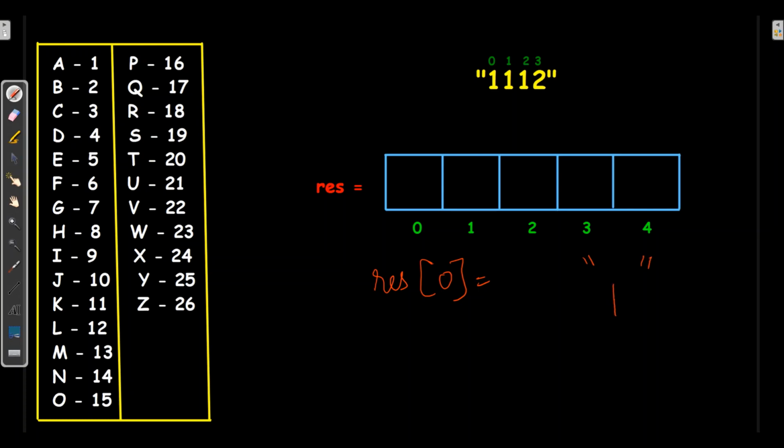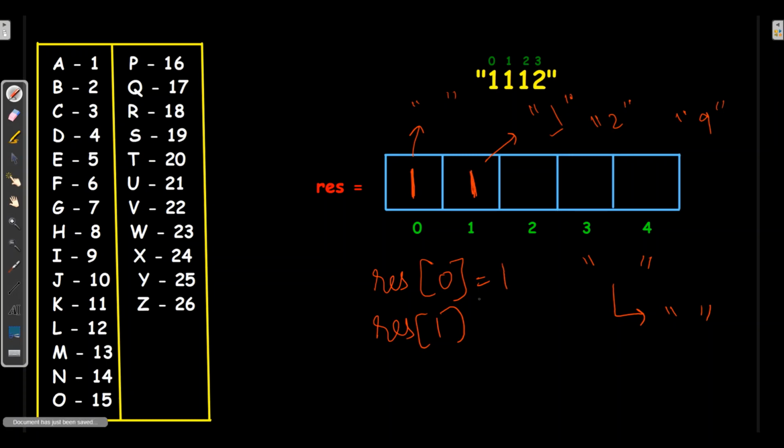For decoding an empty string, there is only one possible way, so we can say 1. And the first index of the result represents 1, 2, anything between 1 to 9, which has just one possible way to decode. So result 0 is equal to 1 and result for the first index will also be 1.